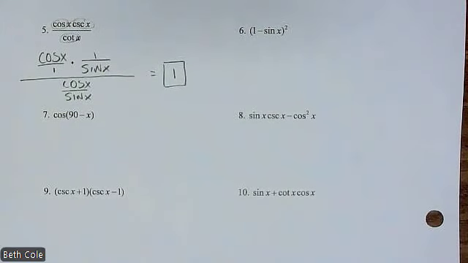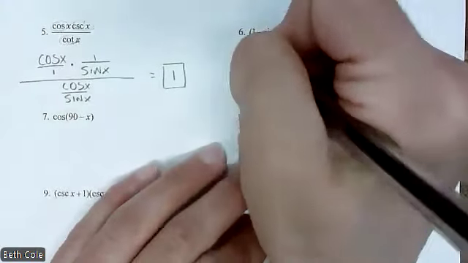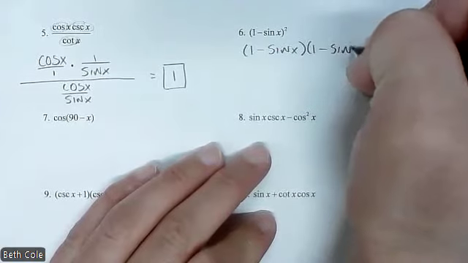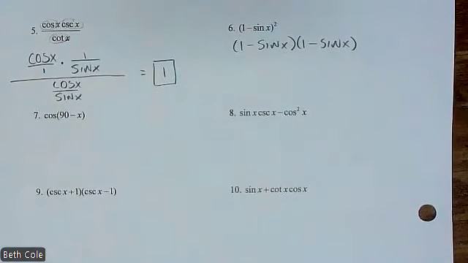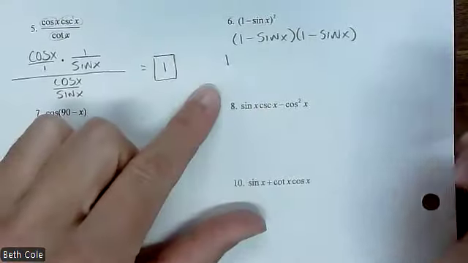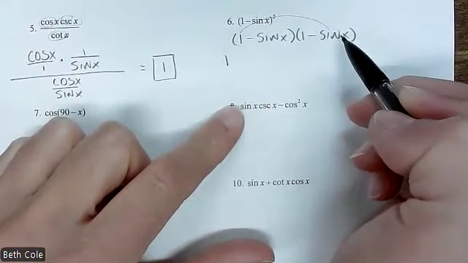Whole thing canceled out. All right, for this one, see that little squared there? That means that you have a twin. It's 1 minus sine of x, 1 minus sine of x. And we're going to just multiply it all together. So 1 times 1, 1. The outsides give you minus 1 sine x.